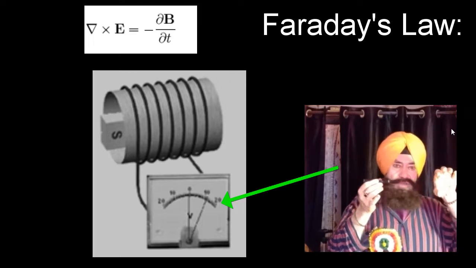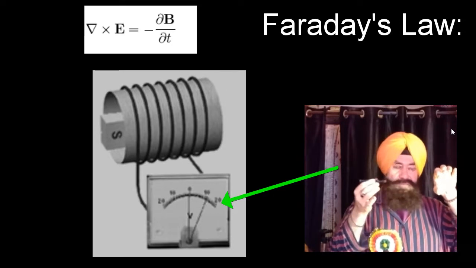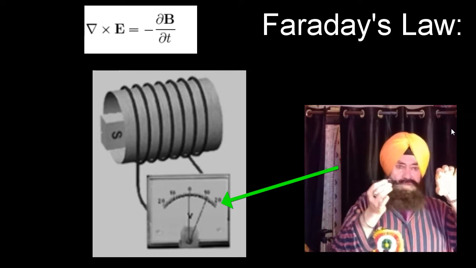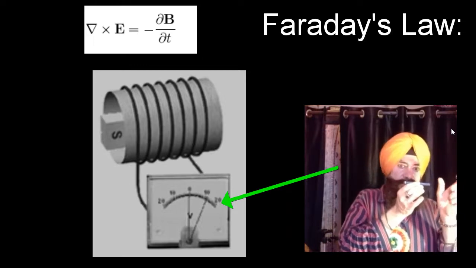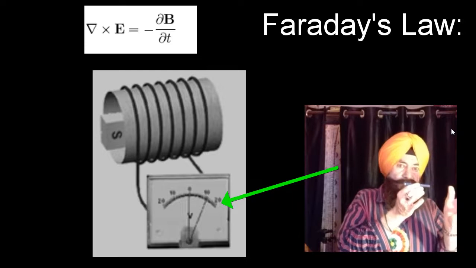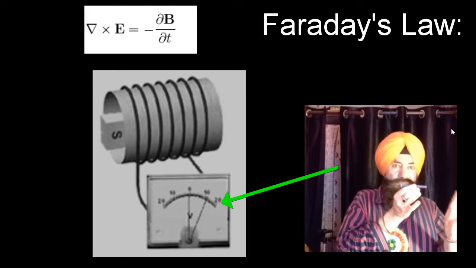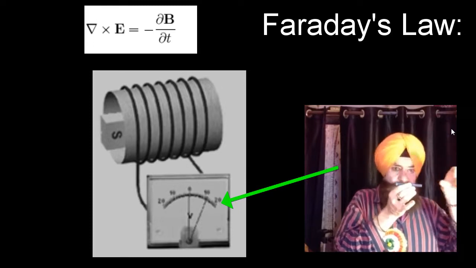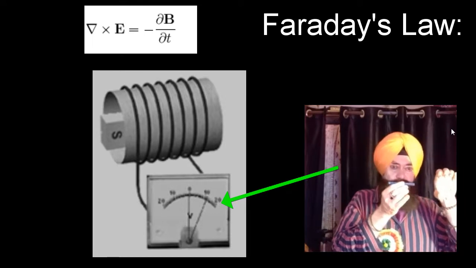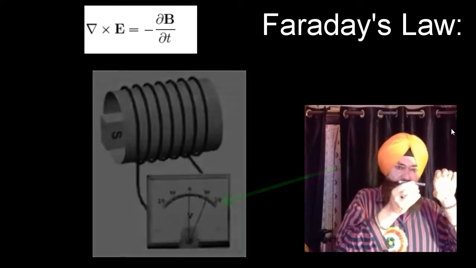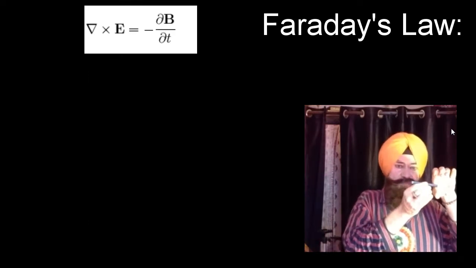Second, if I bring it with more speed, then there will be more induced EMF. The pointer will show more deflection towards the right hand side. Then the magnitude of the induced EMF or induced current produced is proportional to the rate of change of magnetic flux, with what rate it is changing.